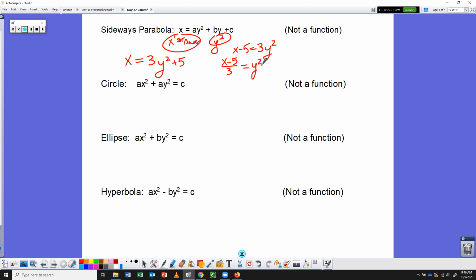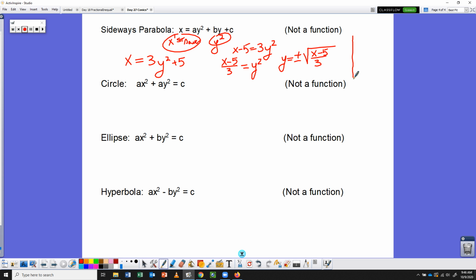Now remember, when you're taking the square root of an equation, you would have to have a plus and a minus. So this would be y equals plus and minus the square root of x minus 5, all divided by 3. So if I actually wanted to graph this on my graphing calculator, I'd have to graph the top and the bottom equations separately. So there'd be positive square root of x minus 5 divided by 3, and then a second equation, negative the square root of x minus 5 divided by 3.